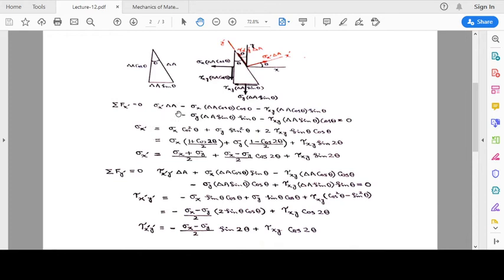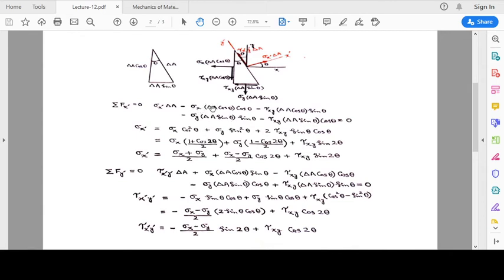As you can see, delta A will cancel throughout the equation. All the terms have delta A in it, so we can divide the whole equation by delta A. And since we have to find sigma x prime, we move all other terms to the other side.